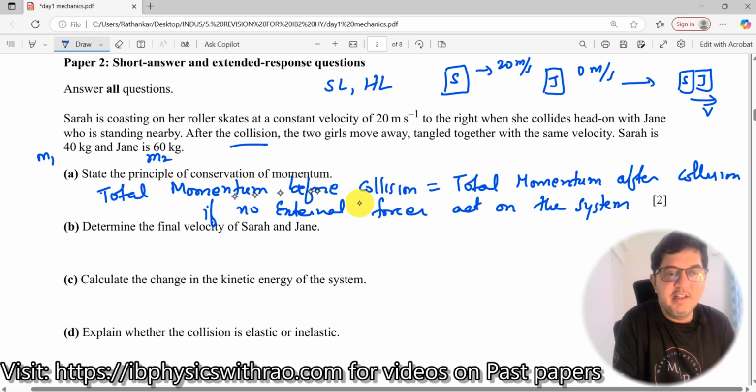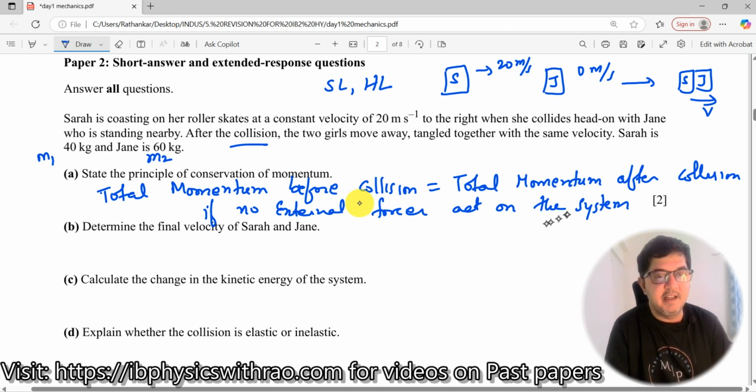Most of them write only this part, but remember that this is very, very important, and if you don't mention this, then your statement becomes completely incorrect.